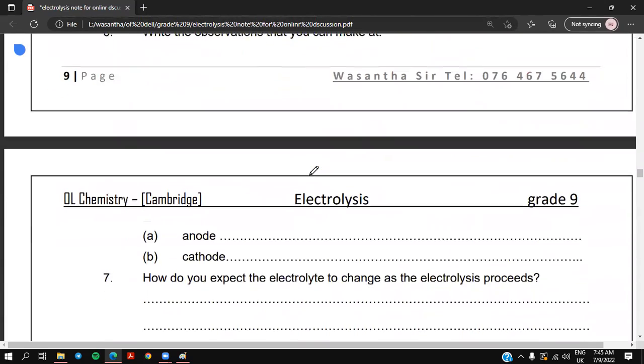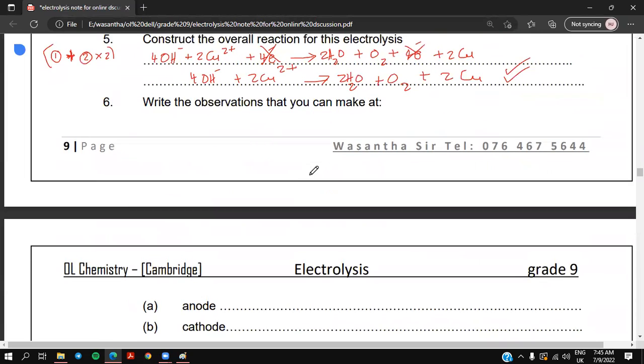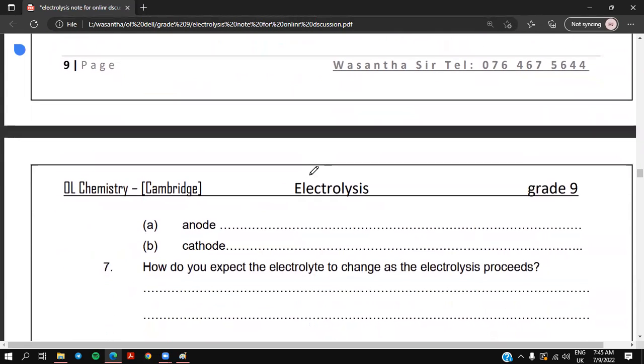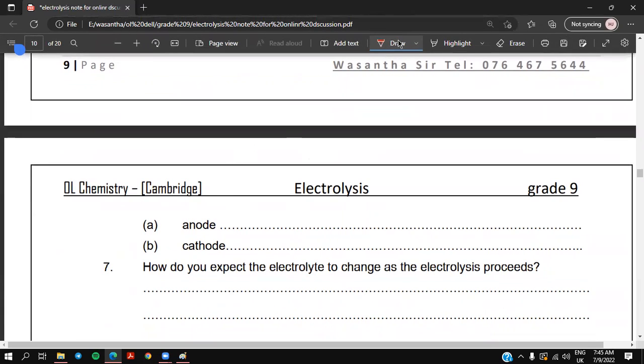Next part, anode and cathode. Write the observations that you can make at the anode. What is the first one? Anode, gas bubbles.